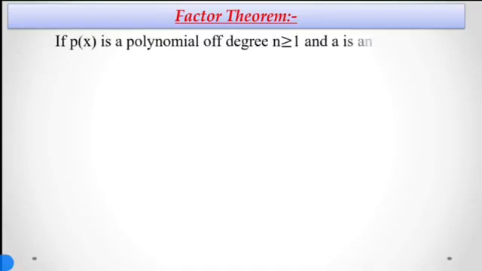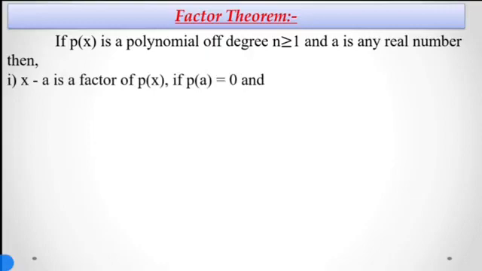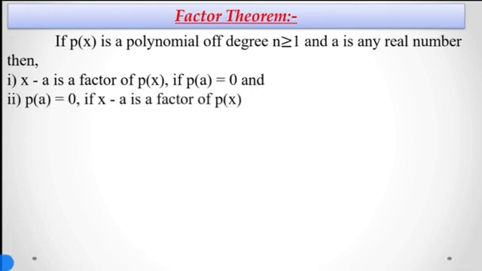Children, first write down the statement of factor theorem. If p of x is a polynomial of degree n greater than or equal to 1 and a is any real number, then the first condition: x minus a is a factor of p of x if p of a is equal to 0, and the second condition: p of a is equal to 0 if x minus a is a factor of p of x.